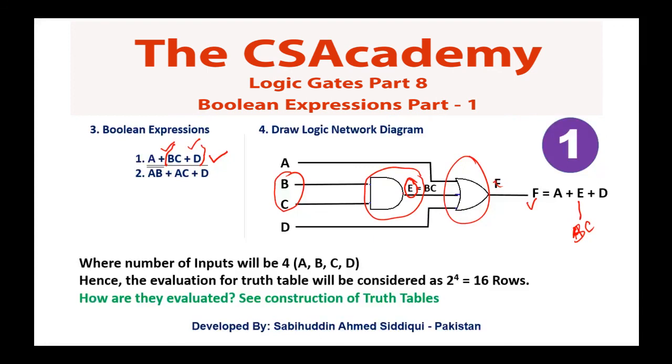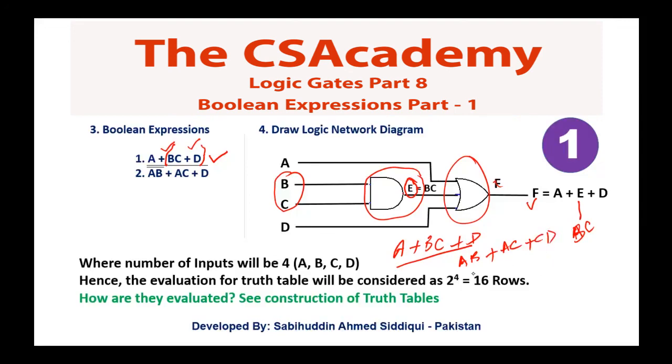If the inputs are repeating, it does not mean that the number of inputs is increased. You will count only the single letter, that means A, B, C, D. Let's suppose the equation is AB plus AC plus CD, right?